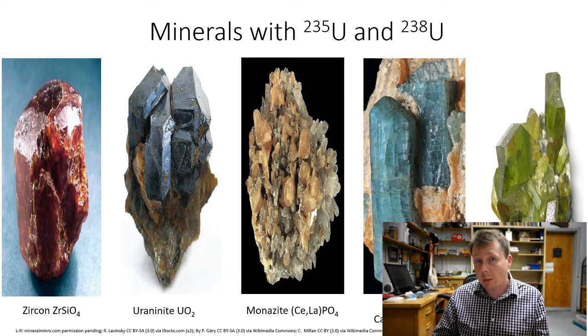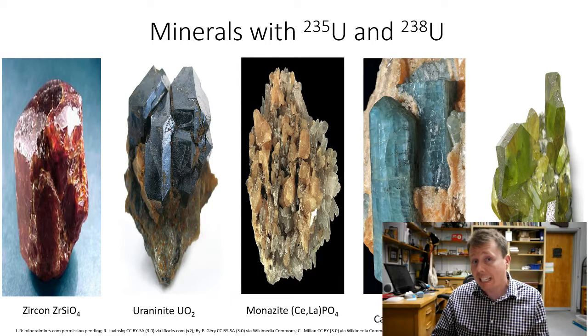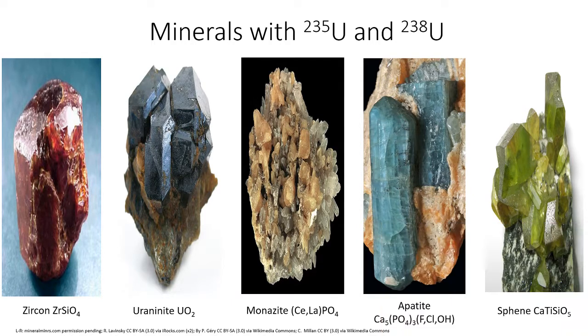Let me give you another example of different minerals that we can use to find elements or isotopes. In this case, uranium-235 isotope and uranium-238 isotope. We can look for those in any of these minerals. But if you look carefully, you're going to see there's a problem here. Go ahead and see if you can figure out what the problem is.